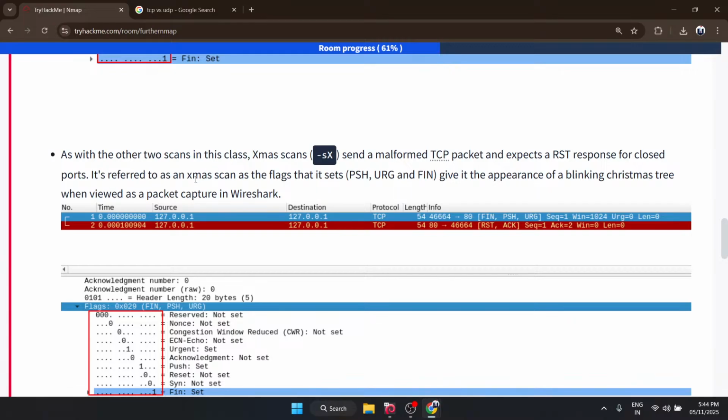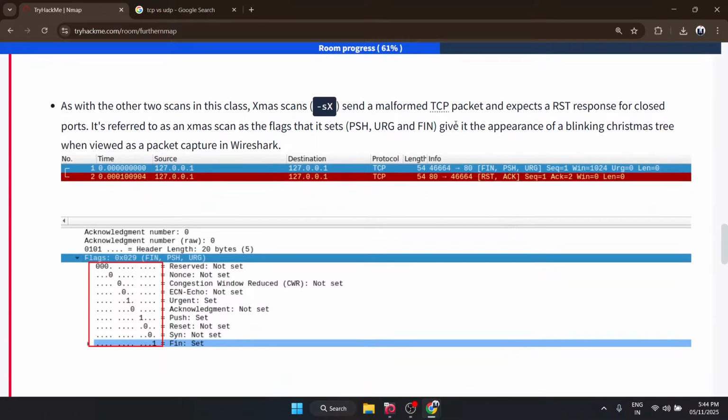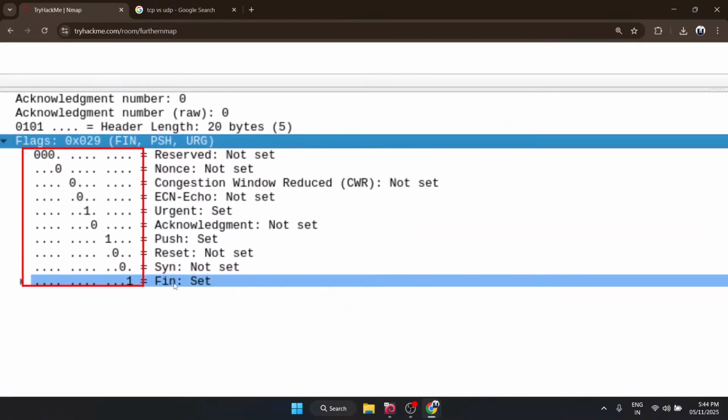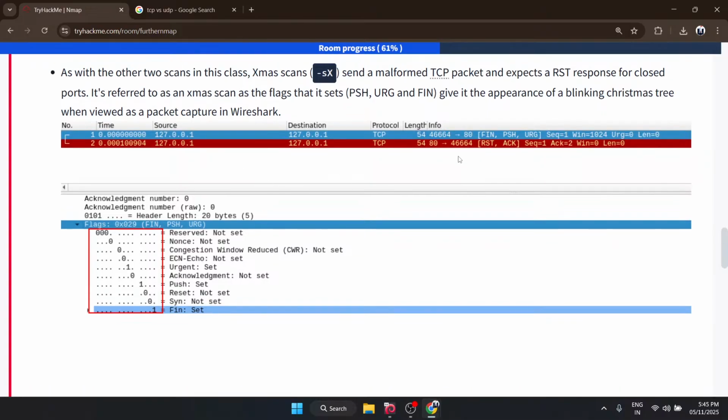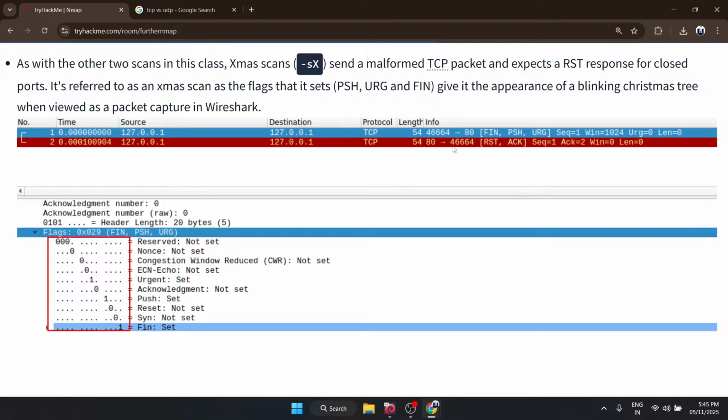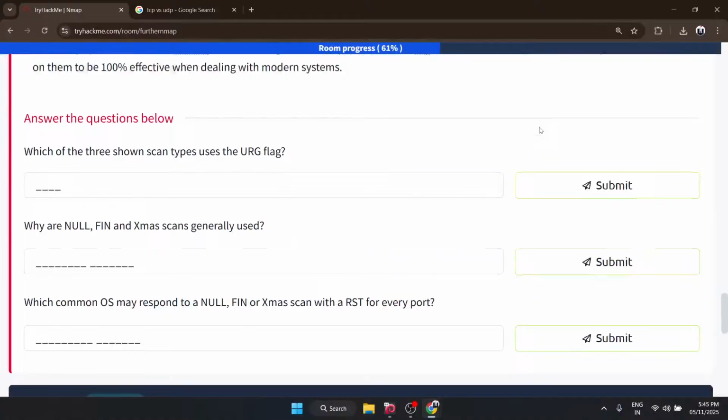It is referred to as an Xmas scan because the flags it sets are push, urgent, and finish. These give it the appearance of a blinking Christmas tree when viewed in the packet capture. It is called Xmas because fin, push, and urgent are set in this scan, and a reset will be sent by the target if that specific port is closed.